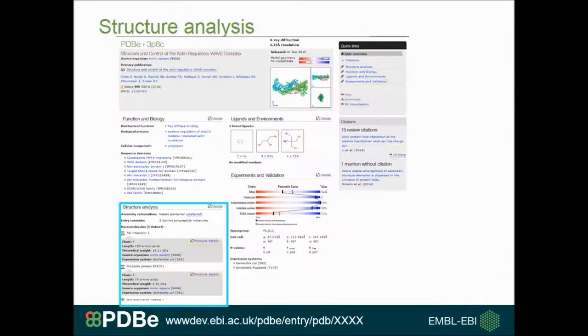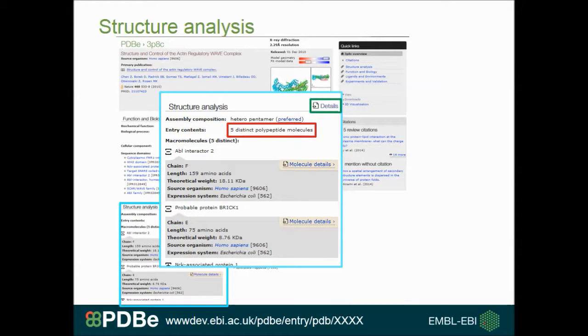The structure analysis pages help us further look at exactly where proteins are within the structure. This highlights how many distinct macromolecules there are within the entry, and the green details button.